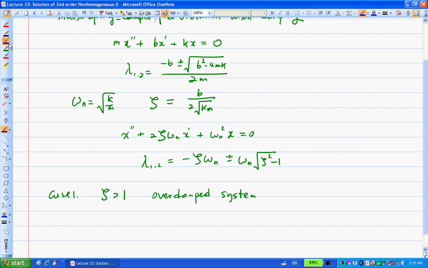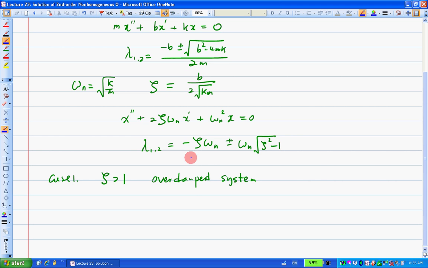So why is it called an overdamped system? It's because when zeta is greater than 1, both lambda 1 and lambda 2 are less than 0. So if both of them are less than 0, the general solution is y equal to c1 e to the lambda 1 t plus c2 e to the lambda 2 t.